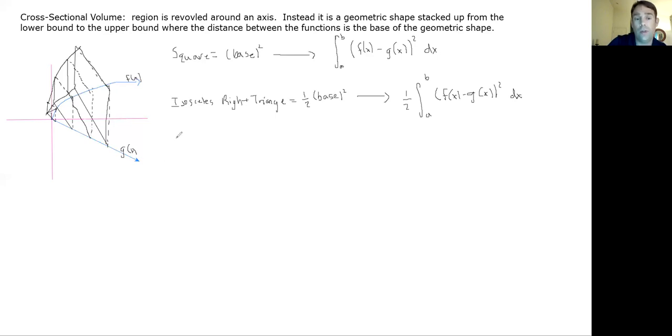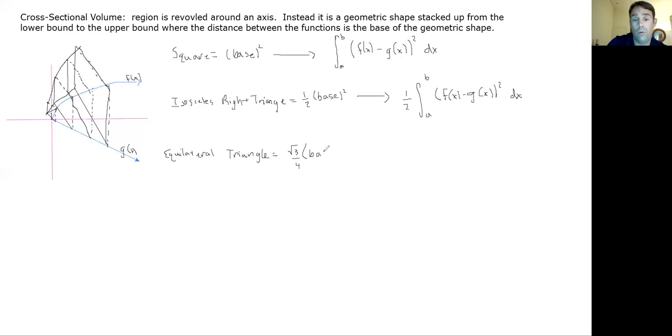What if it was an equilateral triangle? An equilateral triangle would be √3/4 times the side length squared, where that side length is the length of the base.